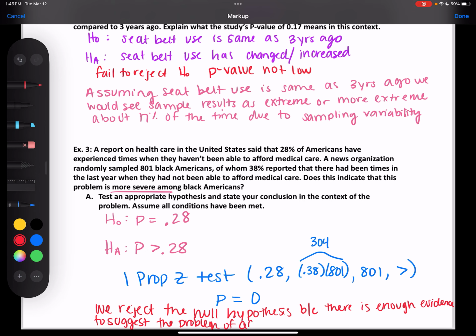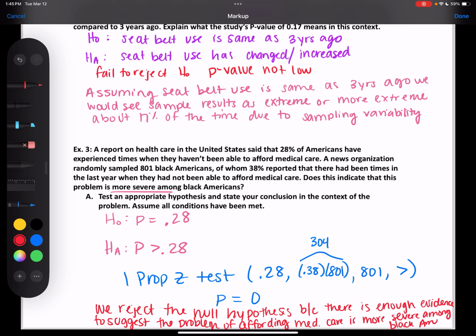I'm gonna run out of room. I can't write it all.